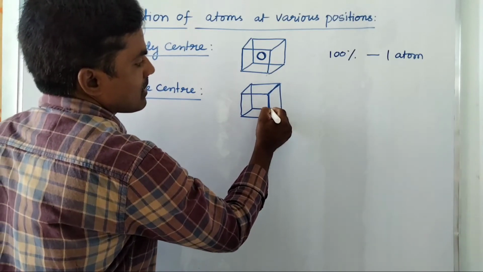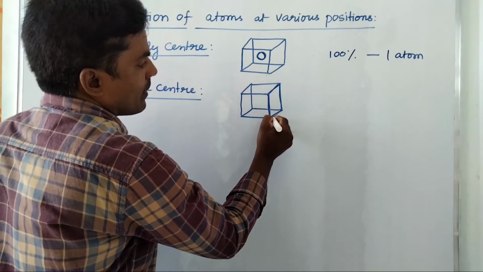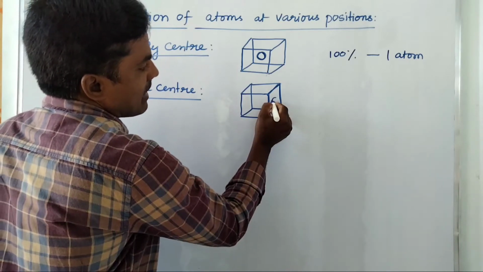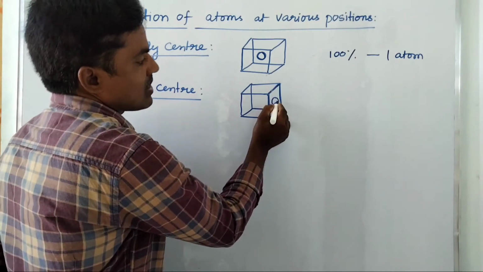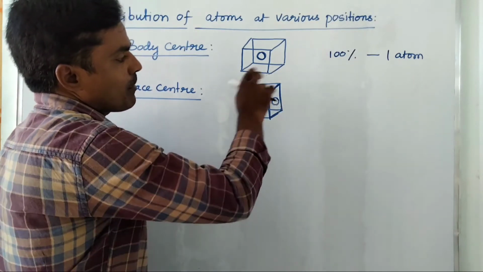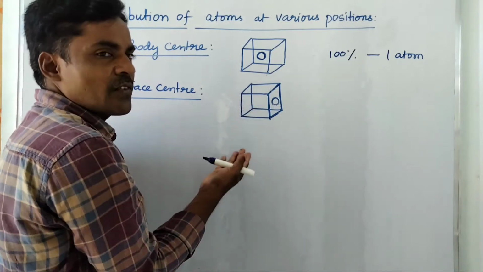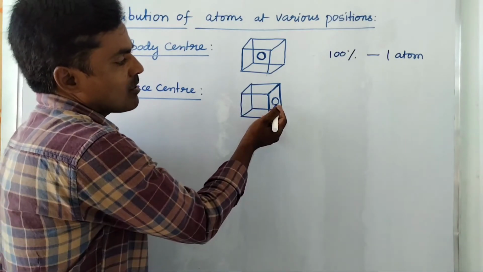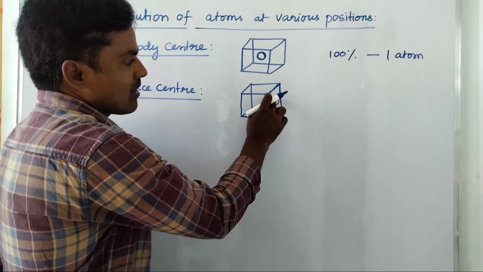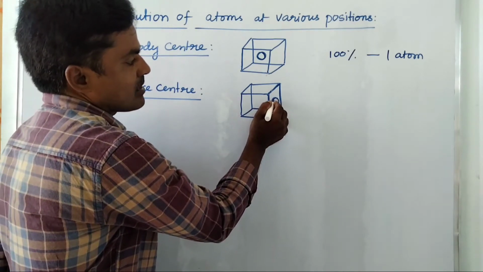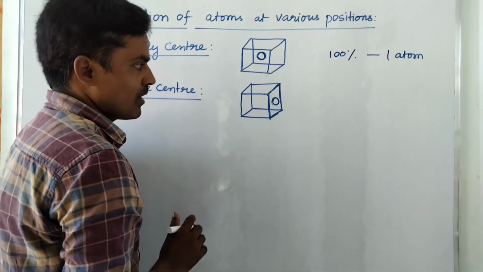For example, it is a face, and the atom is present at the center of this face, and at the center of this face. How many faces are over here? Total 6 faces. So the atoms are present at the center of the faces.